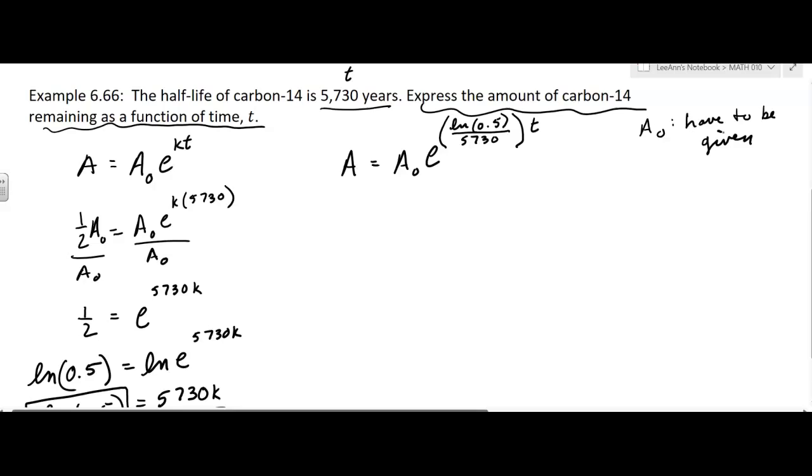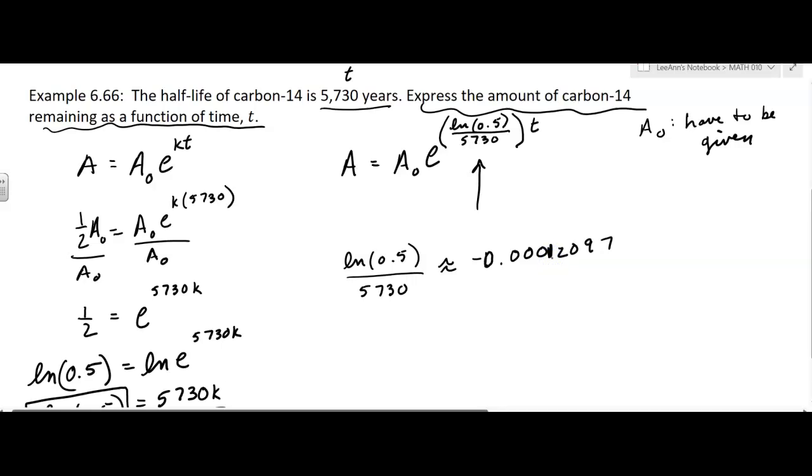So that is that. Oh, I want to talk about that number a little bit. Okay, so when you put that in a calculator, and it is just a number you can put on your calculator, you get approximately negative 0.000121097, something like that.